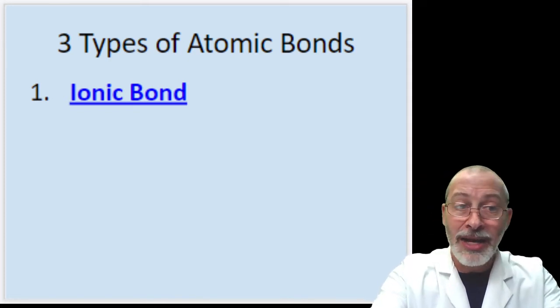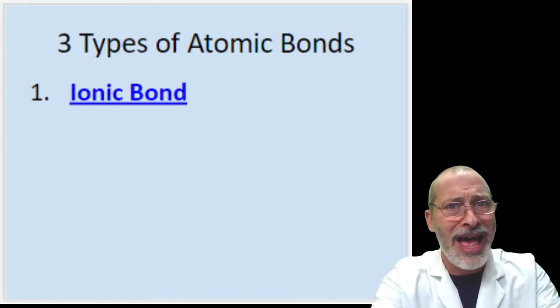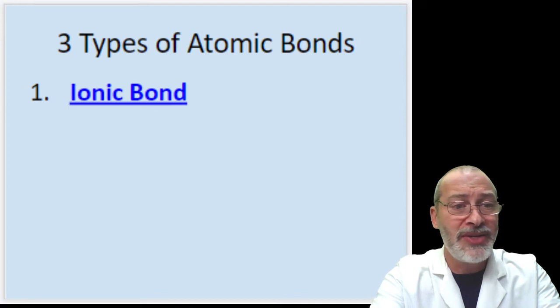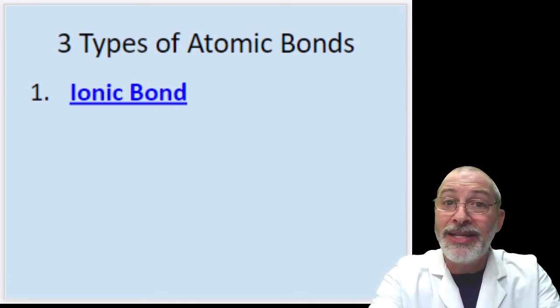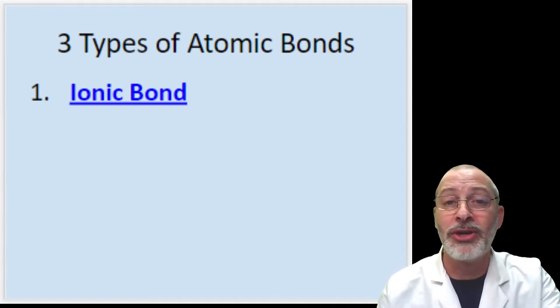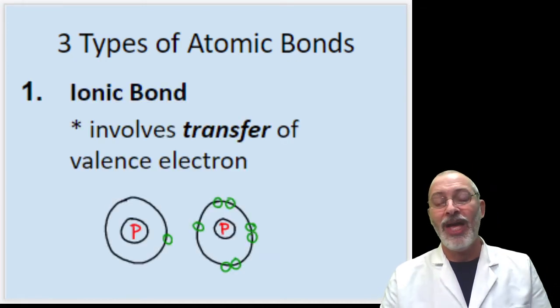So ionic bonds are going to have something to do with charged atoms, either positive or negative, just based on the name alone. But in addition to that, there's a very important characteristic about ionic bonds, and that is this.